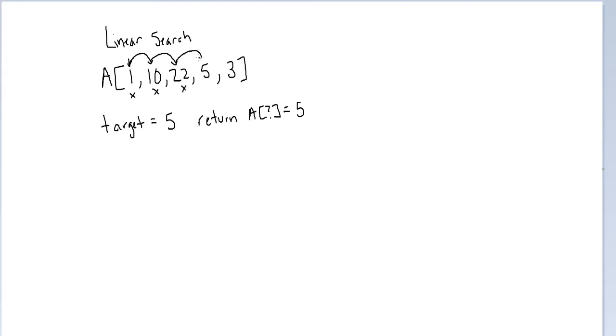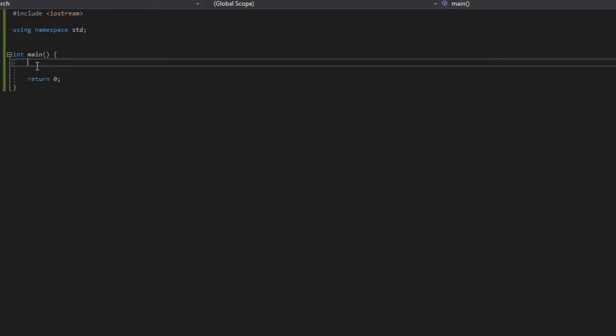It works fine with very small data sets, between probably 1 and 1 million numbers, say. Once you get past that, it starts to really slow down because it does run in O of n in the worst case, and we're going to test that with this code right now.